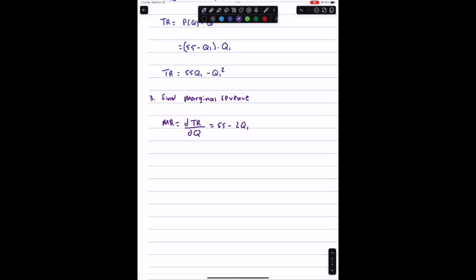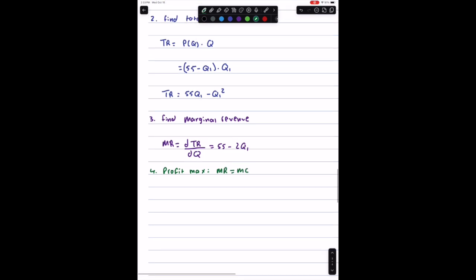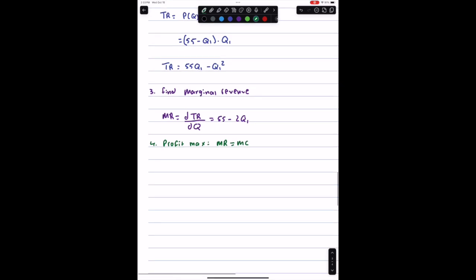Okay, now number 4. We're going to solve for the optimum output level. The way we do this is we know that profit max for a monopoly occurs when the marginal revenue is equal to the marginal cost. We just calculated the marginal revenue, which is 55 minus 2Q1, and the marginal cost is just 5.